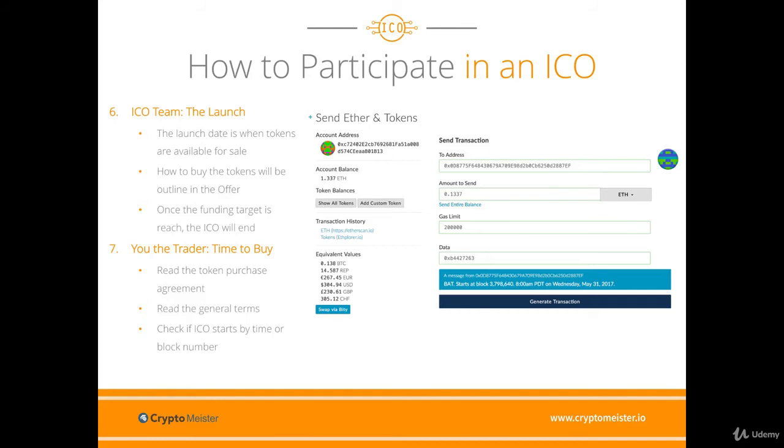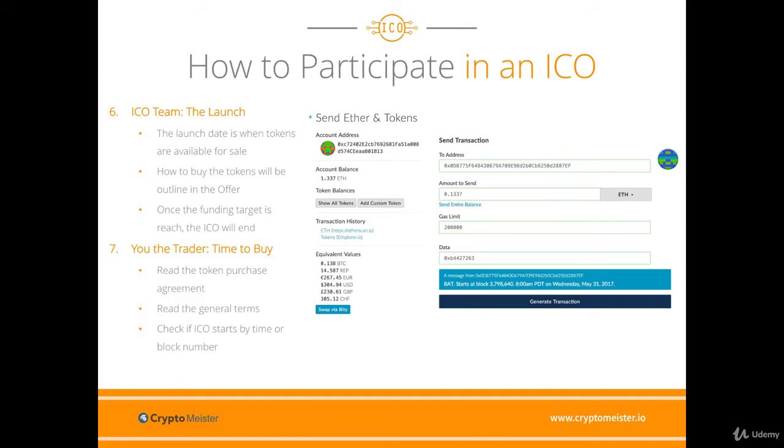If you haven't done this already, you need to make sure that you read the token purchase agreement and the general terms of the ICO that were covered earlier. You will have access to step-by-step instructions on how to participate from the ICO team, which will make things much easier for you. Other useful tips are: make sure that you convert the ICO start time to your time zone if the ICO starts by time.